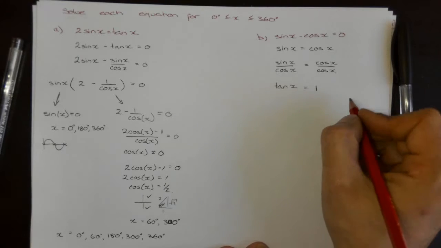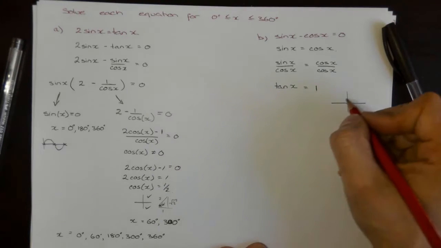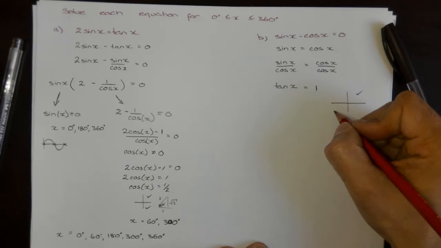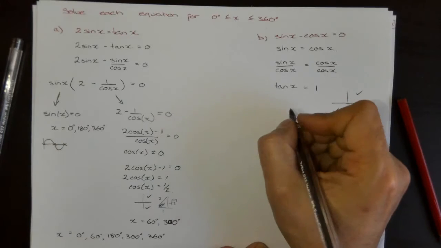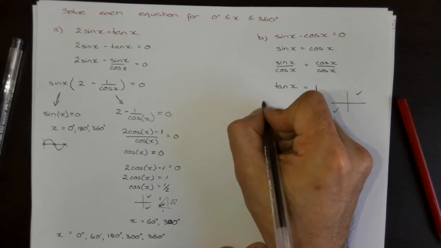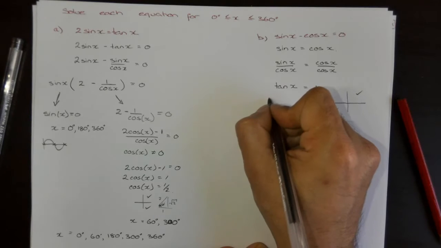So where does tan of x equal 1? Well, going through our quadrants again, tan is positive in the first quadrant and the third quadrant. Tan of 45 is 1.